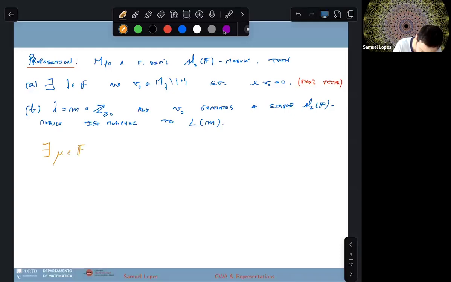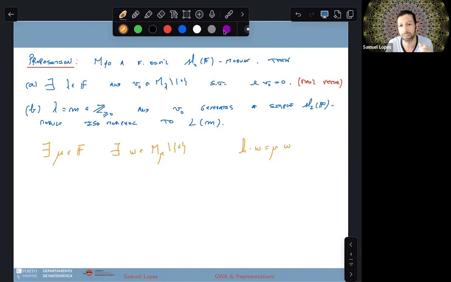It's not exactly the scalar that I need necessarily, and there exists some non-zero element W such that, well, I'm repeating what's already written here, but it's worth repeating, when I act by H on this element W, I get mu times W. And this is just because the field is algebraically closed and the representation is finite dimensional, so there has to be an eigenvalue. There's a characteristic polynomial, and the characteristic polynomial of the endomorphism induced by H must have a root. And so this is guaranteed, okay?